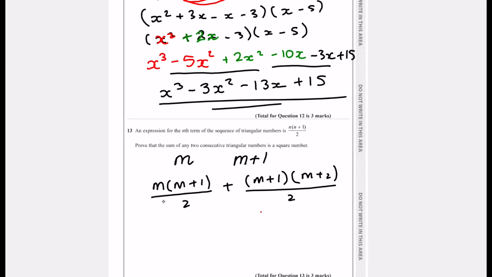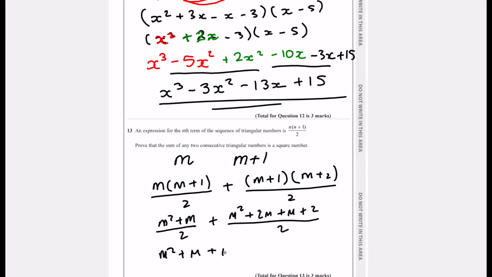And I think I'll expand the tops. So I've got m squared plus m over 2. And I've got m squared plus 2m plus m plus 2 over 2. I'm going to make them into one fraction.